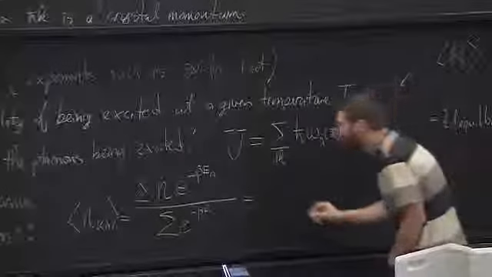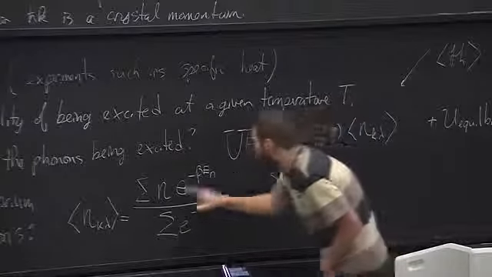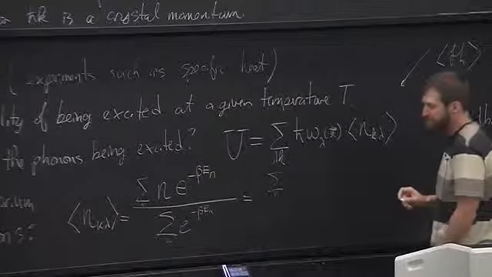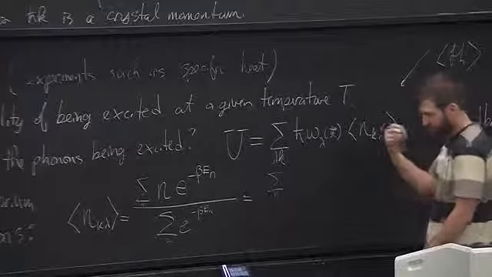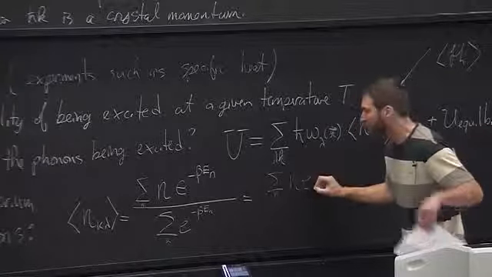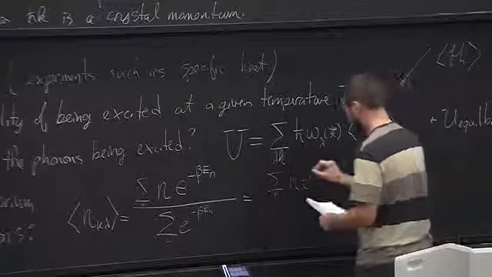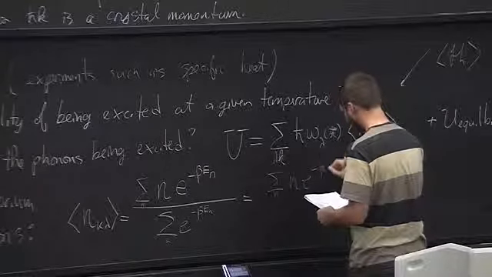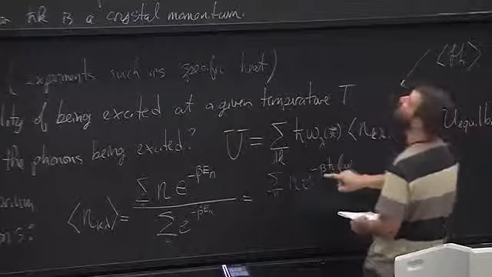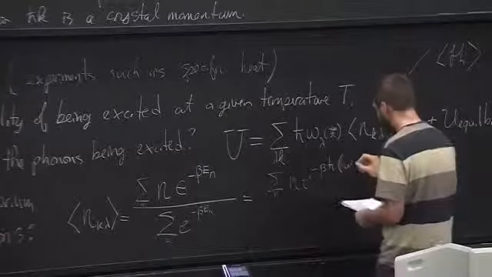And so what we need now is a sum. Okay, so I've just labeled n's here. It's a sum over all n, with the energy beta H. So it's h bar omega.